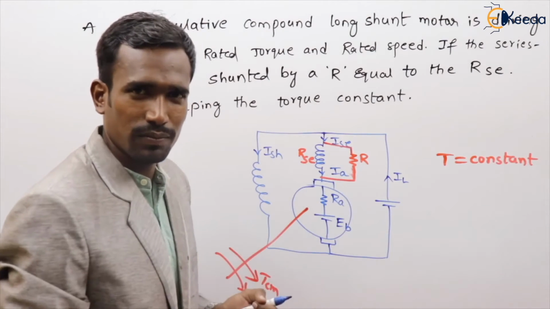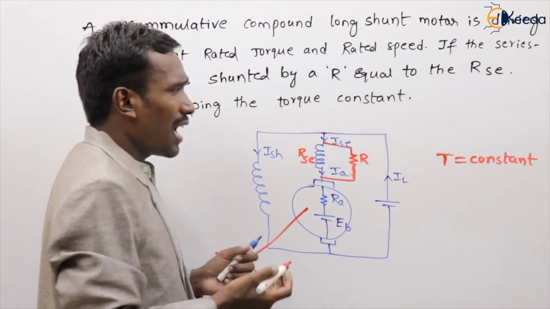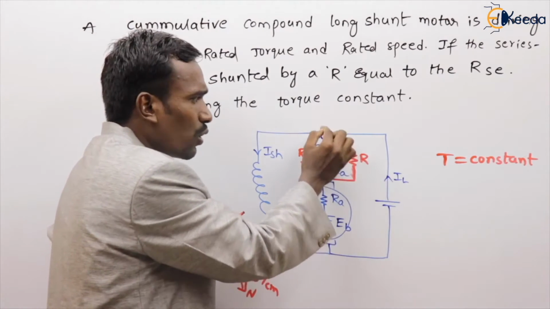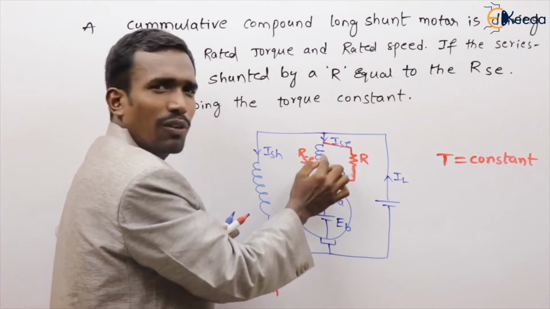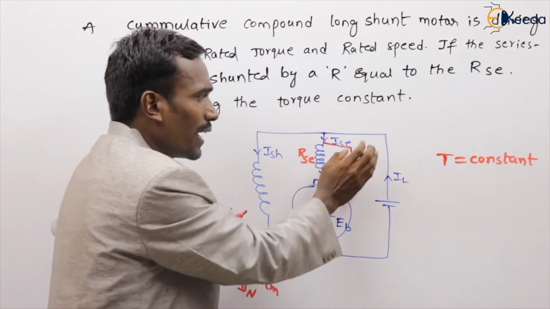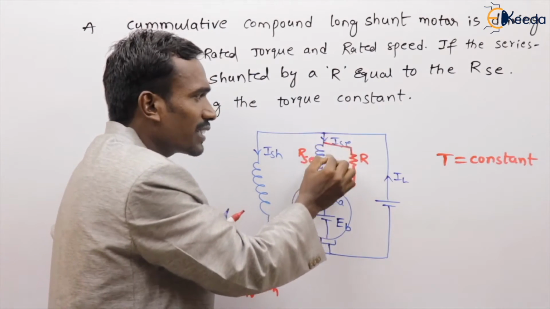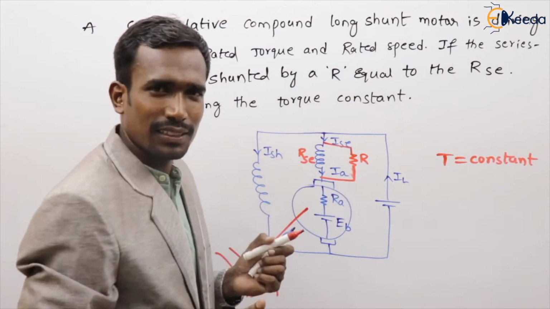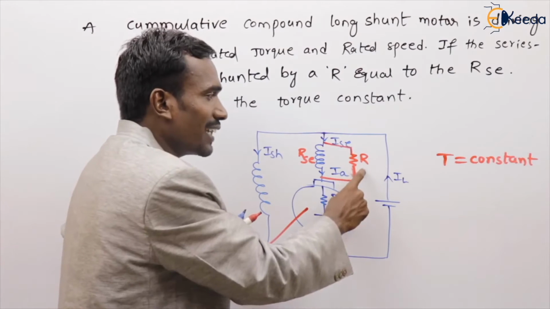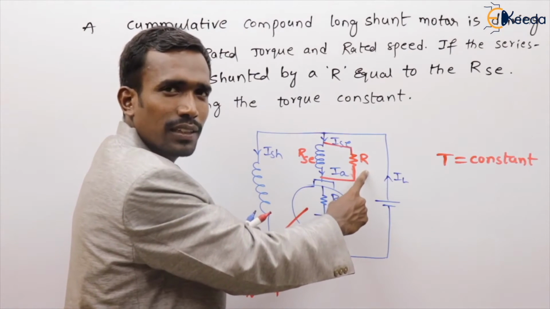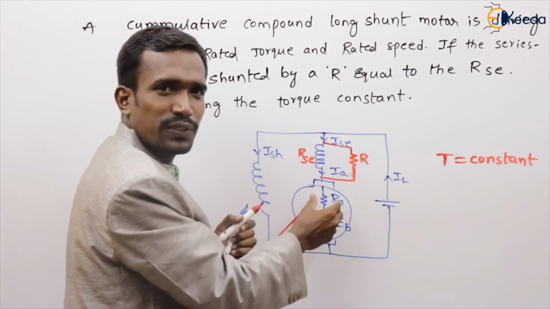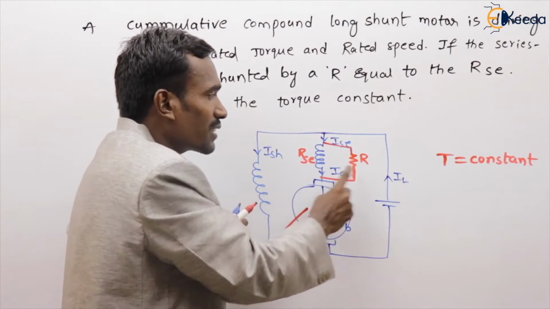Look here. When this resistance is not there, the total series field current Ise flows through this winding, which produces some flux. But when this is connected in parallel, the series field current is divided into two halves because these two resistances are equal.